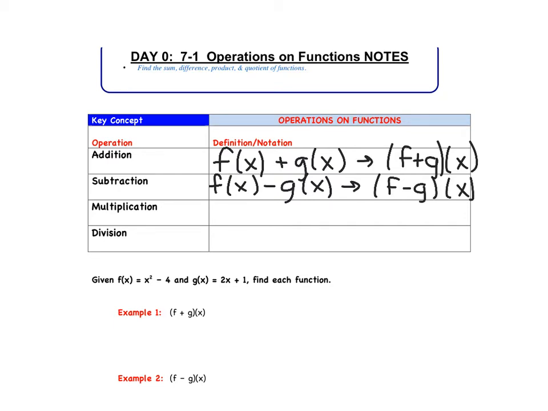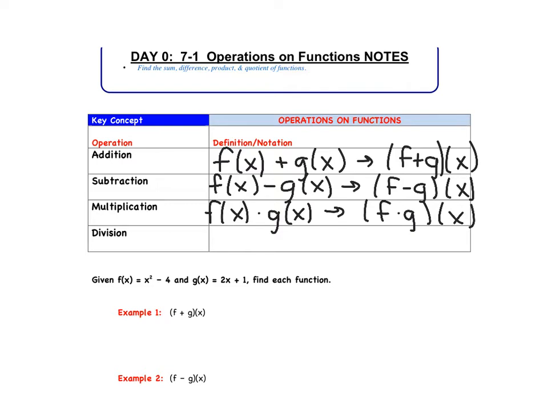Moving on to multiplication, f of x times g of x is your old notation. We now will write this as f times g of x.